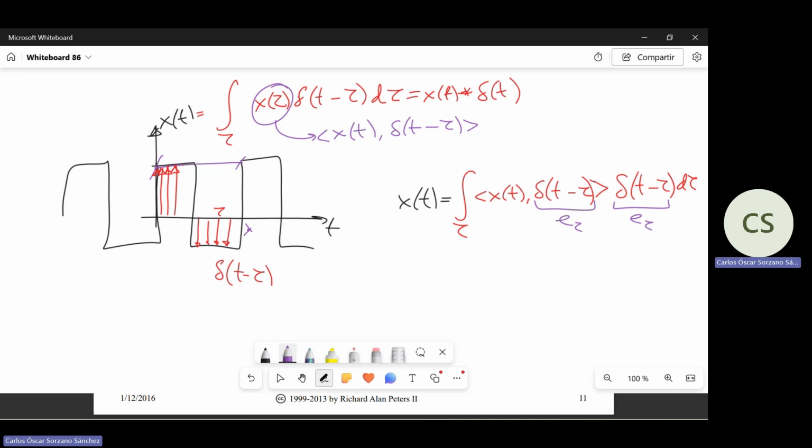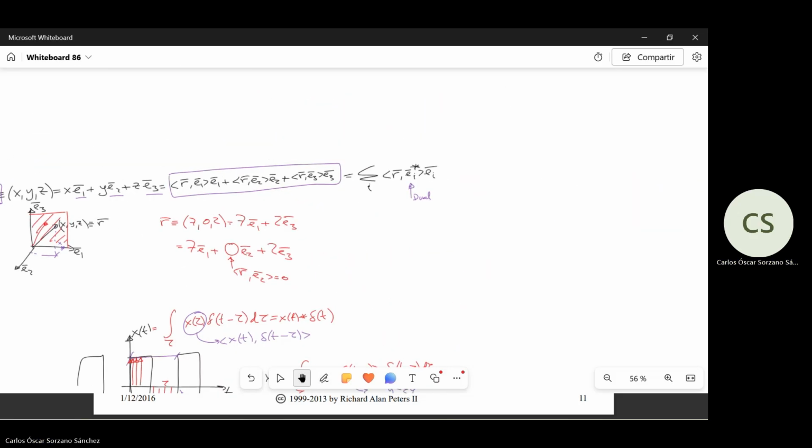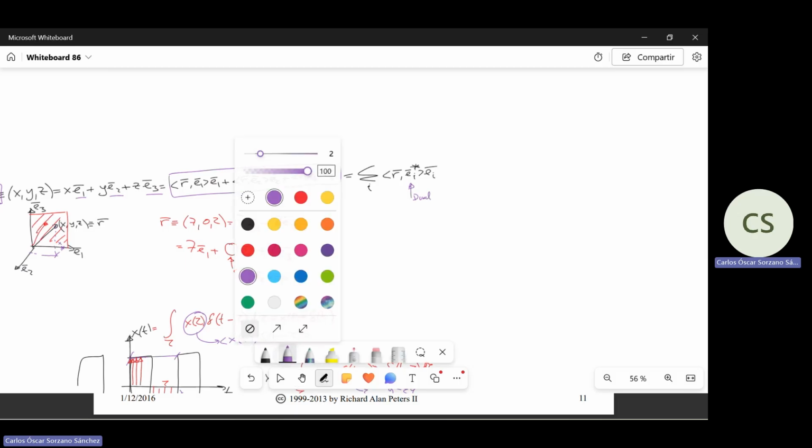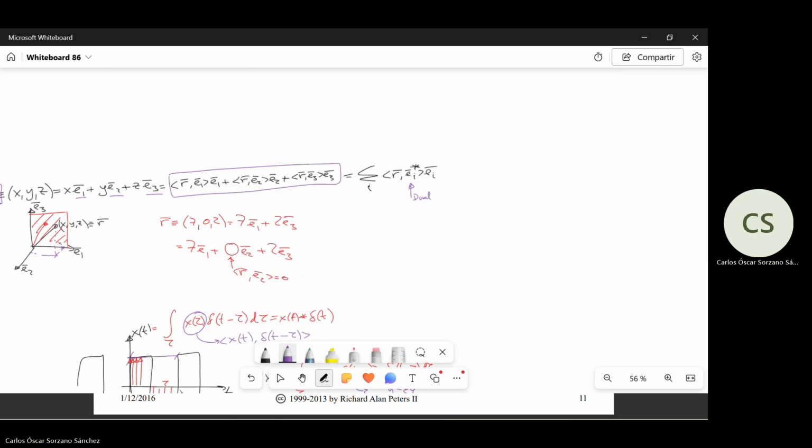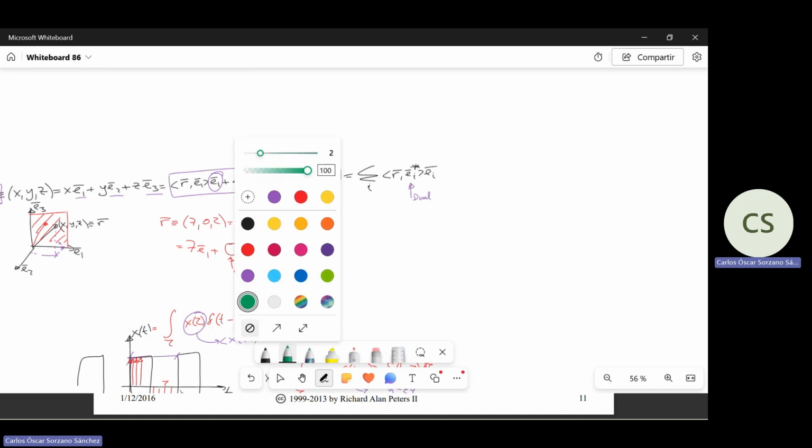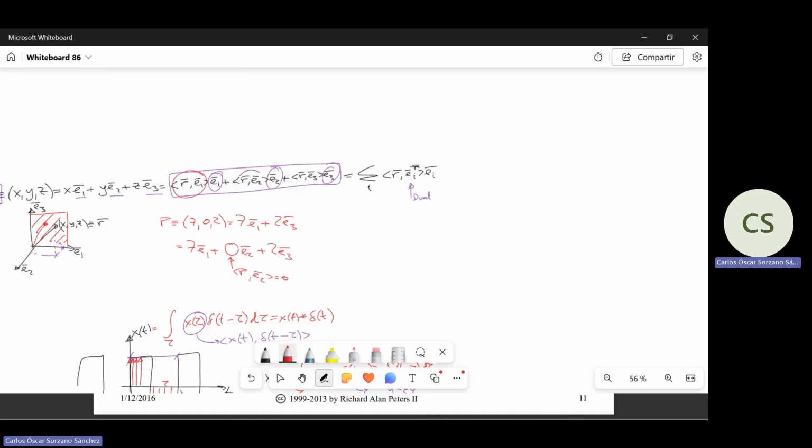When we write x of t as a collection of delta functions, all this is a basis in the same way as these were a basis, and these are the coefficients associated to those basis vectors.